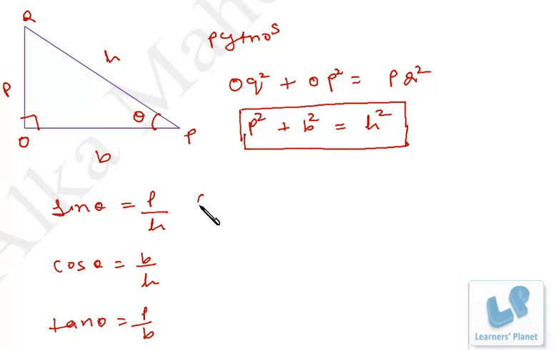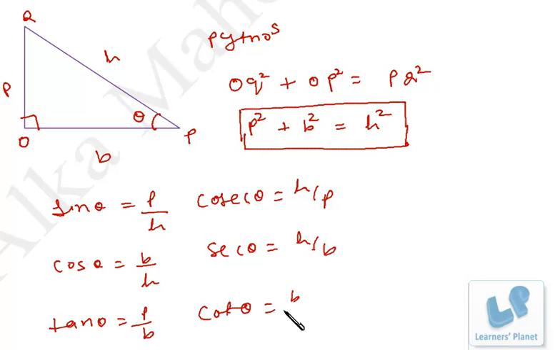Cosec theta is H by P, sec theta is H by B, cot theta is B by P, right? Now we have this Pythagoras theorem with us. This P square plus B square is equal to H square.